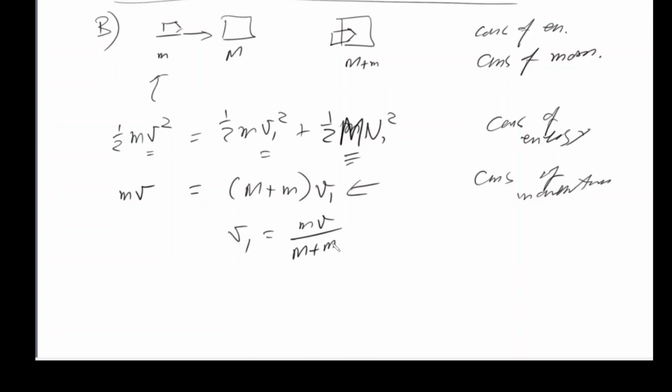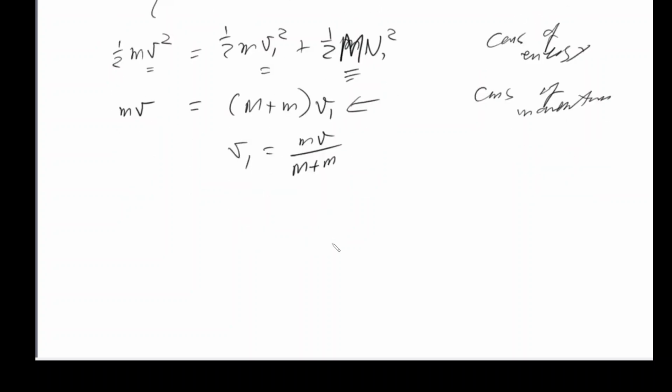And now we can go back and solve for a change in temperature. Initially, when the block didn't move, we said that the heat energy that goes into the bullet is equal to the initial kinetic energy.